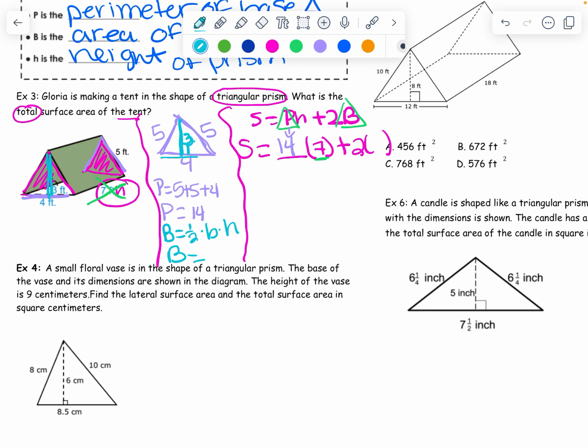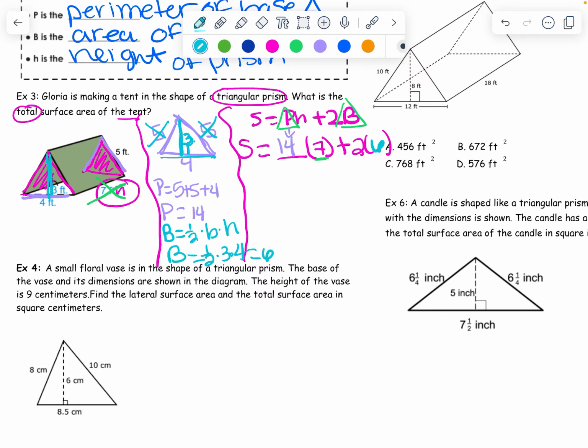The 3 and the 4 make that right angle, so the diagonals I do not need. So I'm going to do 1/2 times 3 times 4 to find the area of the base. When I put that in decimals, I got 6, so the area of the base is 6.